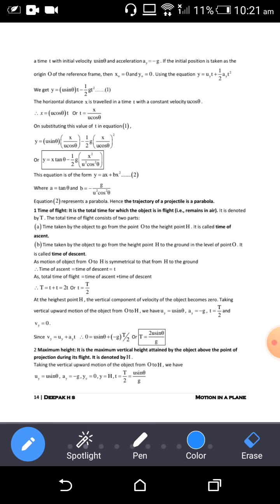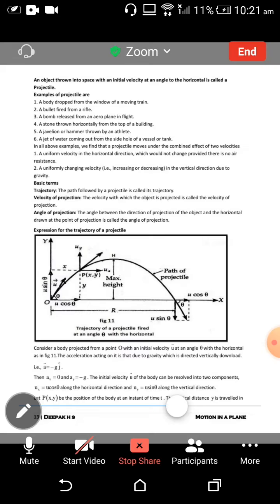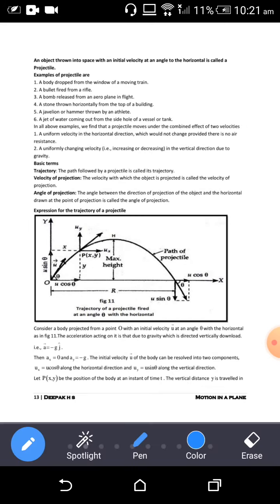The next is the time taken by the object to go from the highest point H to the ground, at the level of point O, before striking the ground.